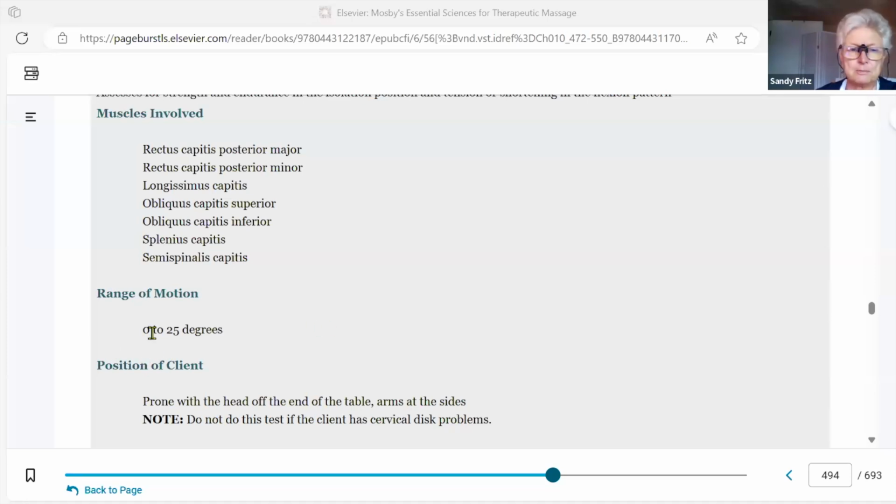This is how much you expect from the movement based on the joint function. I have my little guy here. All right, so capital extension would happen here. It would be this action. So from anatomical position, we're going to measure that, and it should be about 25 degrees. That's all. Okay.